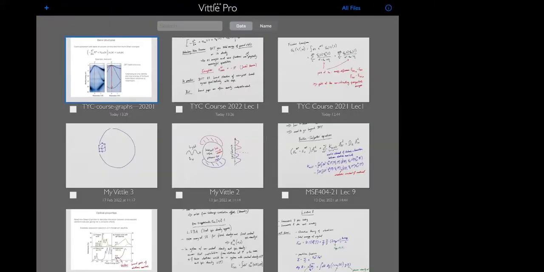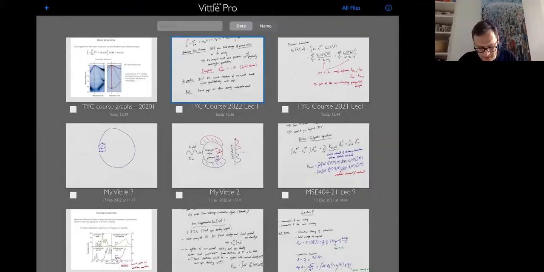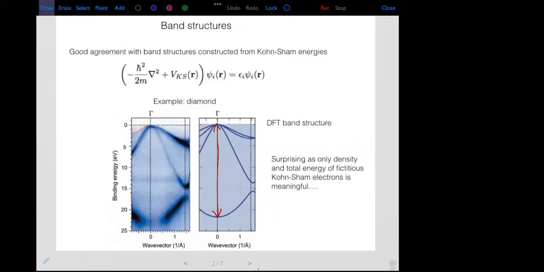So I have another question. Yeah, go ahead. About that spaghetti plot you just showed, the band structure. I'm wondering, why does the Kohn-Sham orbital give even a qualitatively similar plot to the experiment? Because you just said Kohn-Sham orbitals are virtual orbitals. They're basically just figments of imagination.